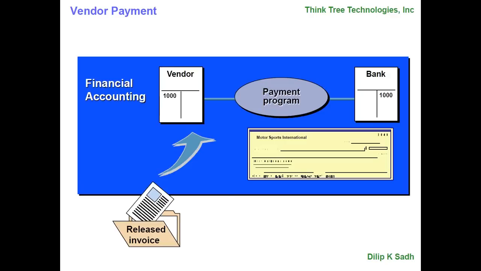You can run the payment program. There is an automatic payment program in SAP. It will debit your vendor and then credit your bank, and you can also print your check to pay the vendor.